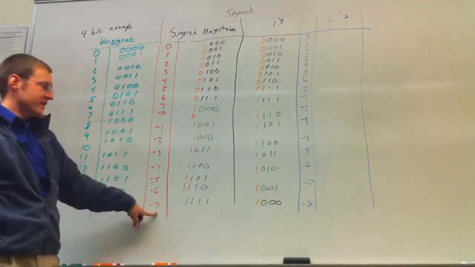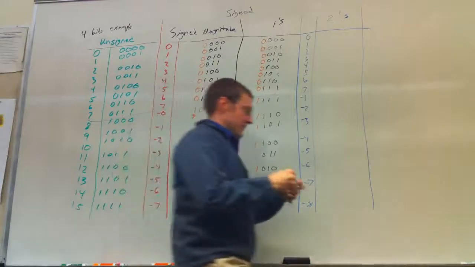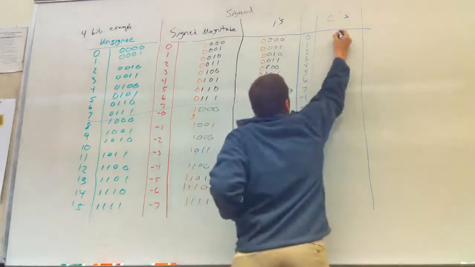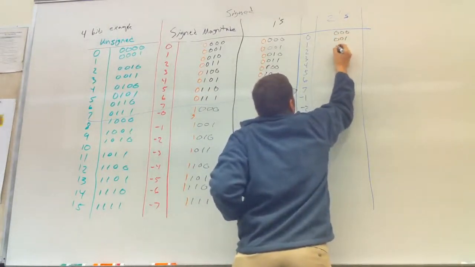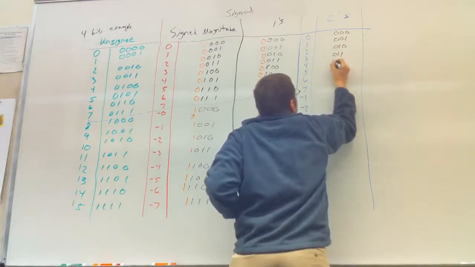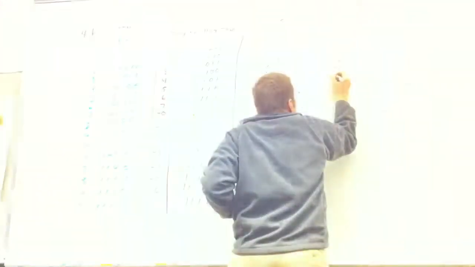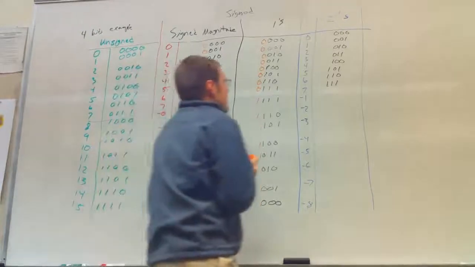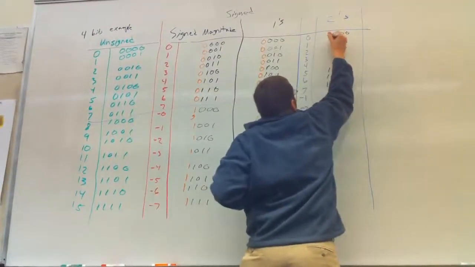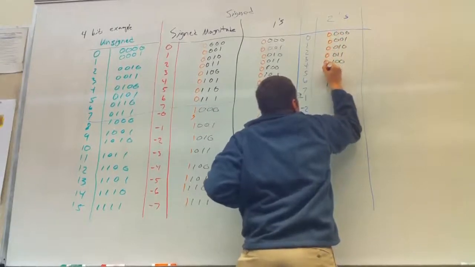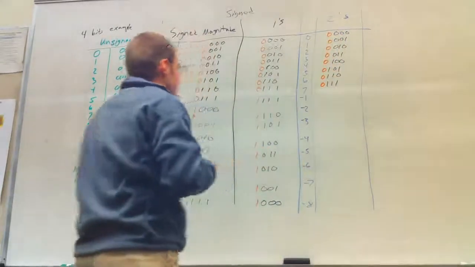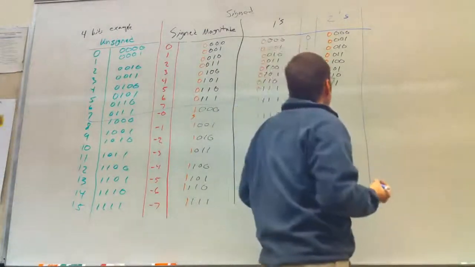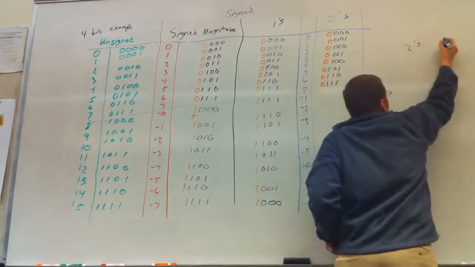I get one more: I only have -7 here, but I get -8 on the negative numbers, and all the positive numbers are the same. So this is how we do 2's complement arithmetic.